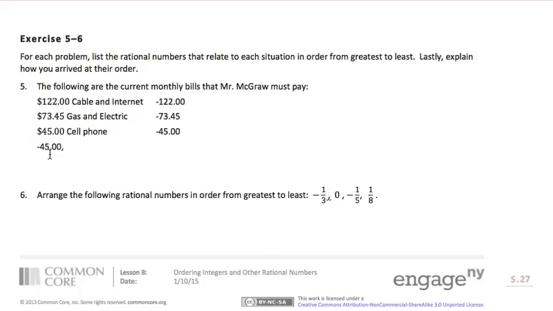Then, continuing to count, we would next encounter the negative 73 and 45/100ths. And then finally, a little bit further along, we would encounter the negative 122 and 0/100ths. So greatest to least, negative 45, negative 73 and 45/100ths, and negative 122.